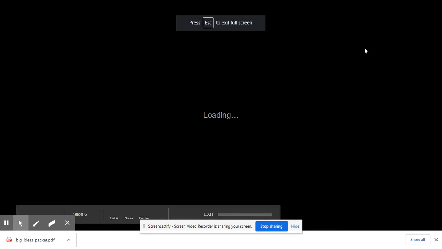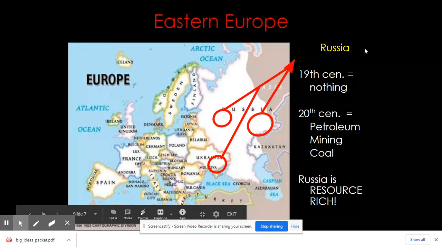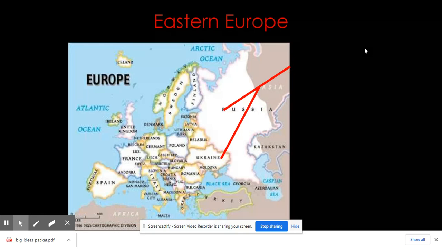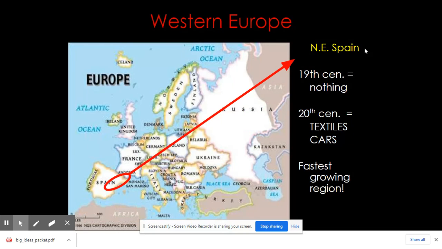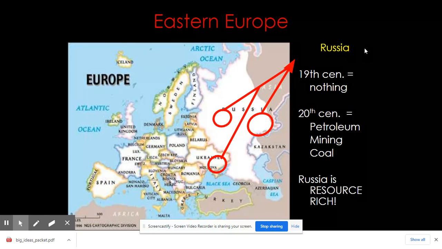So these industrial regions compare with Eastern Europe and North America. So Russia in the 1800s was not really known for any major industry. And then came communism, and communism imposed upon the people, kind of mobilized that workforce into factories.